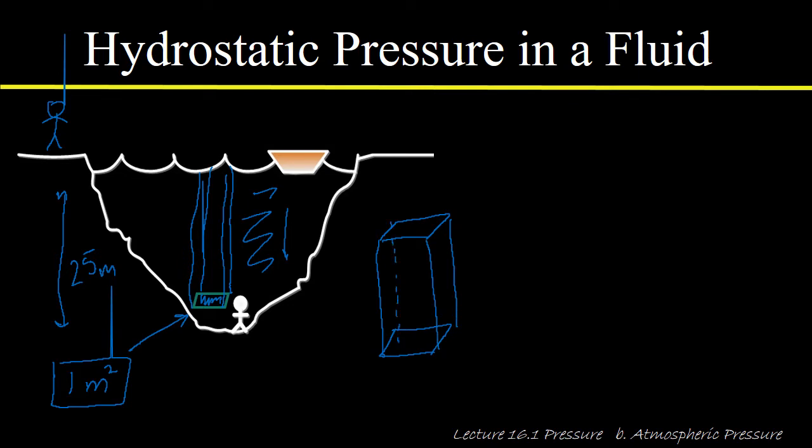There's this rectangular column of water that is 25 meters tall and has a surface area of 1 square meter. We want to know what the weight of that is and what kind of force that water will produce at that depth.